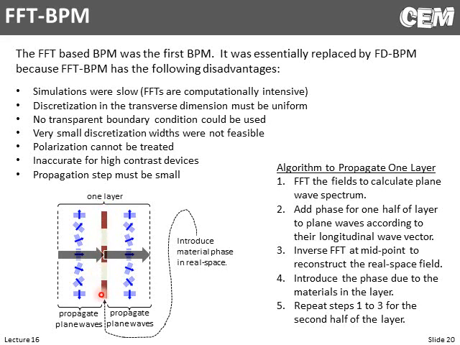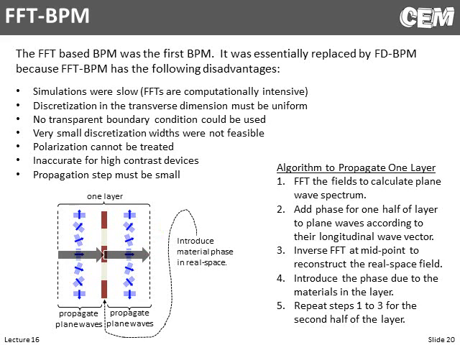We have some distribution of refractive index or dielectric constant. And so we can modify the phase in that cross section consistent with how much phase it would accumulate propagating through these materials. Then we FFT back to Fourier space and we propagate them for the second half of the cell.